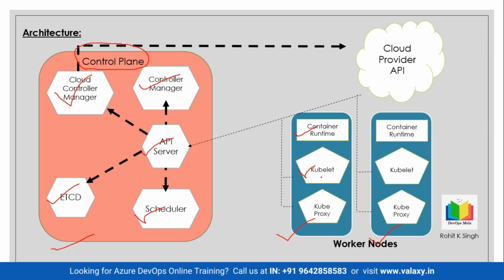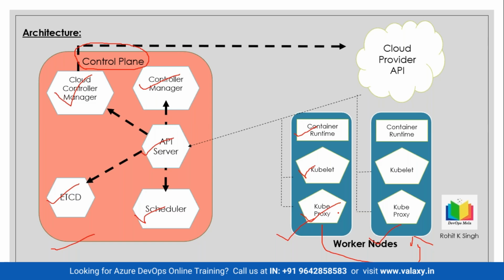So this is responsible for making sure that your containers are running on your worker nodes. Kube proxy is basically a network proxy. So this kube proxy will help you communicate with each other. Now if there are multiple containers running inside this worker node, the communication happens using kube proxy. And if you want to communicate with other nodes, all this communication gets established using this kube proxy.